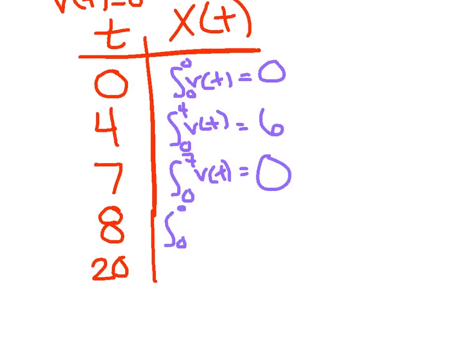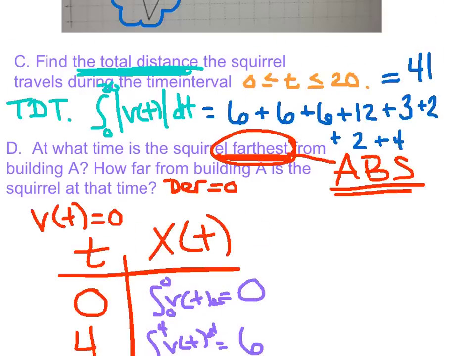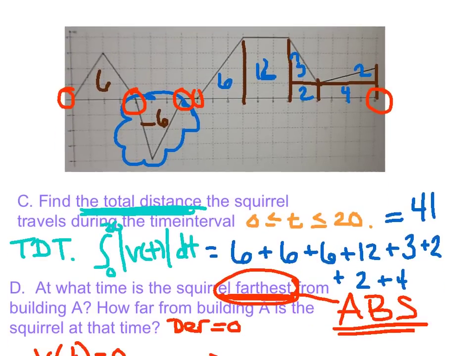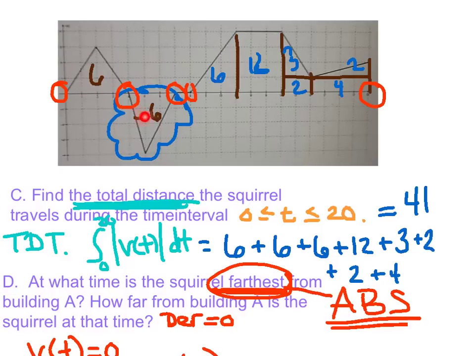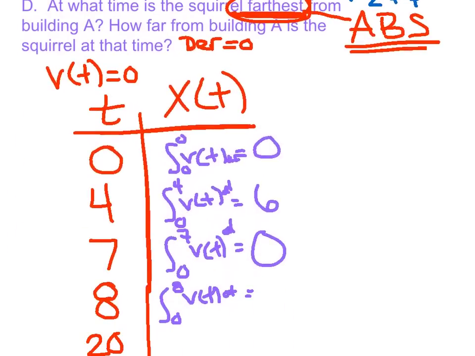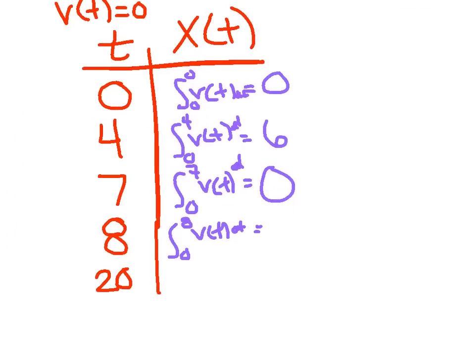0 to 8. Whoops, and I missed all my little dts here. It's a little sloppy. Lastly, here's 0 to 8. You'll notice these canceled, so that gave me my 0, and then I'm still not accumulating any area here, so I still have an area of 0. And finally, 0 to 20.